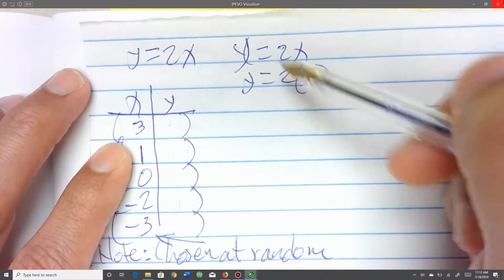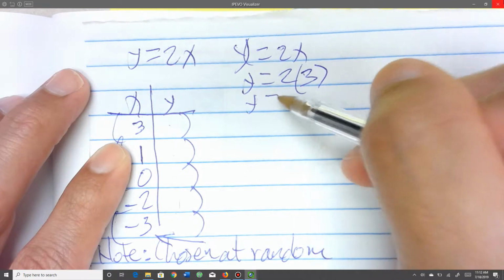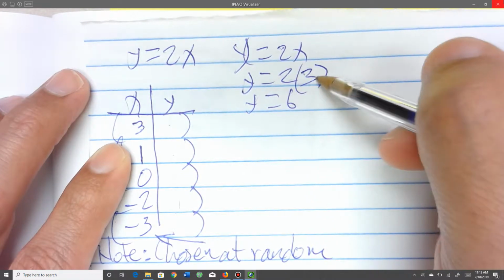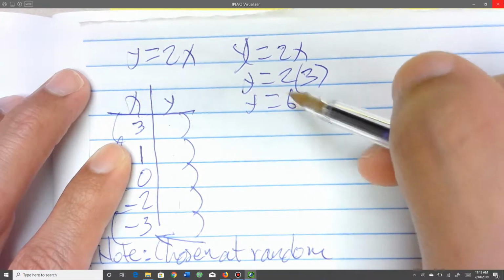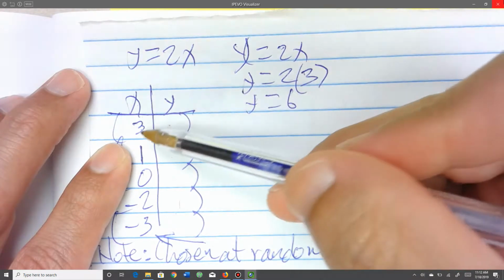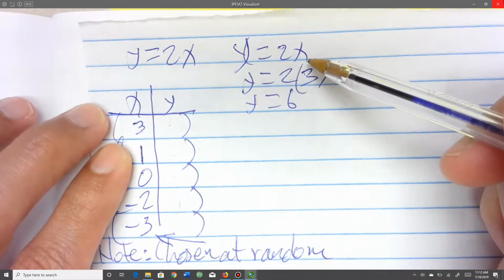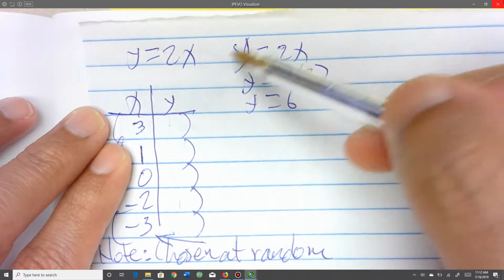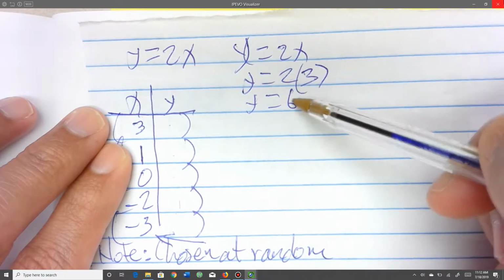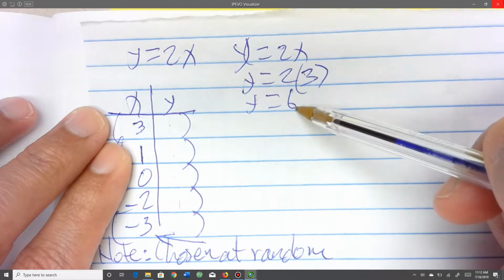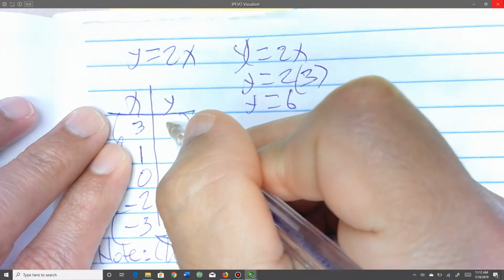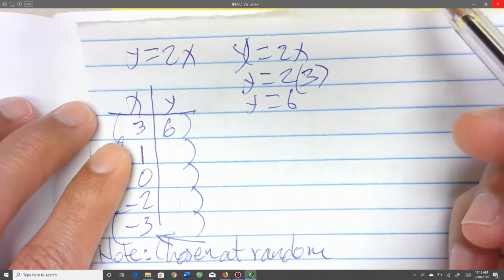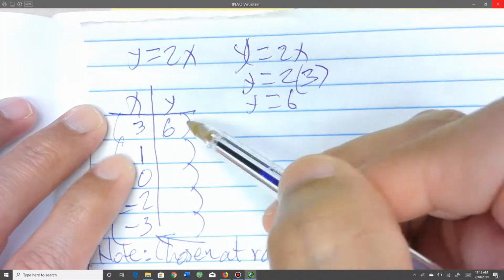So if I do that, I'm gonna have that y equals 6. 2 times 3 is 6. So whenever I plugged in the value of 3 for the x into the equation they gave us, I got a y value of 6. So that's my ordered pair. That's how you get your ordered pairs at random.